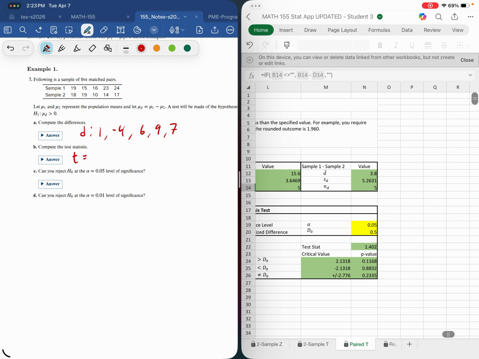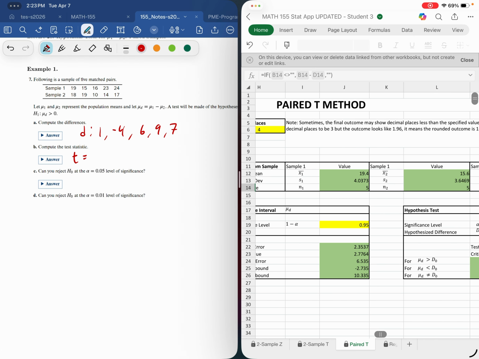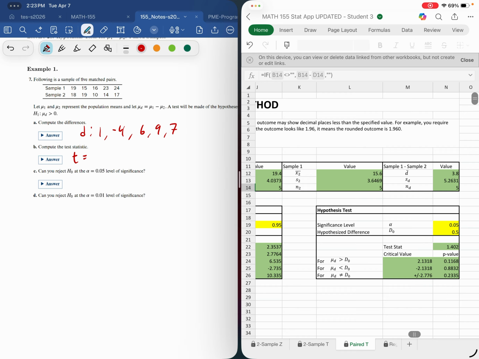T, now we know it equals 1.402. How are we getting that? Well, it's going to be the mean of the differences. Let's see, 1 minus 4 is -3, 3, 12, 19 divided by 5.